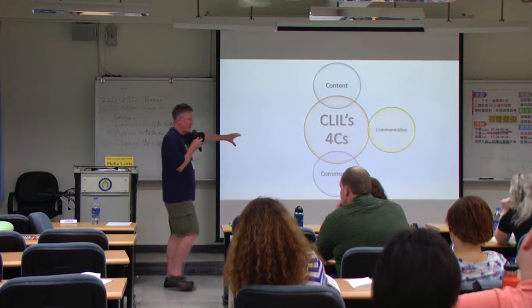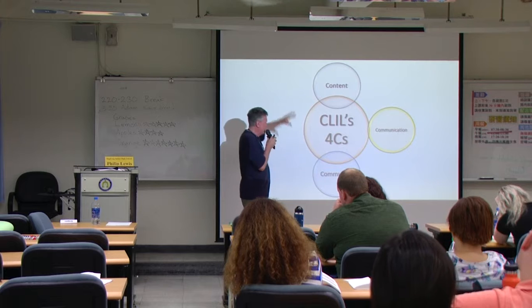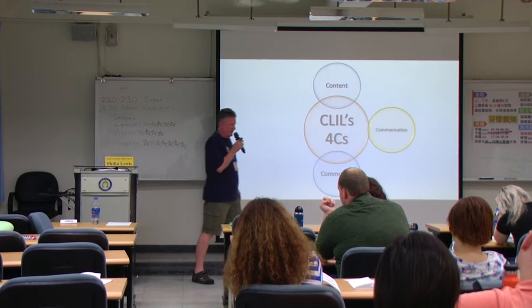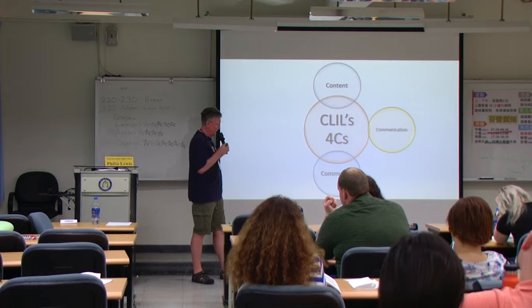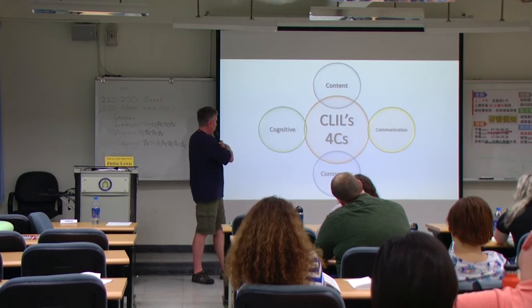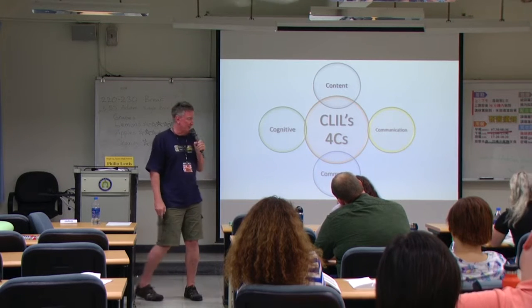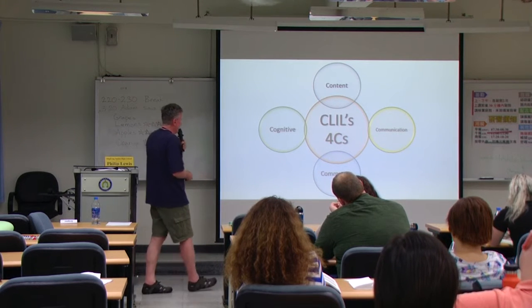I rather prefer to talk of community because culture often is associated with festivals and different types of food, etc. I like to use the word community. Okay, but if you want to use culture, it's up to you. And then cognitive. And those are the different learning levels. Okay, we're going to talk about all of these as we go through.